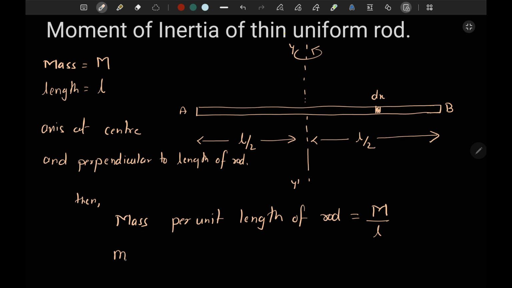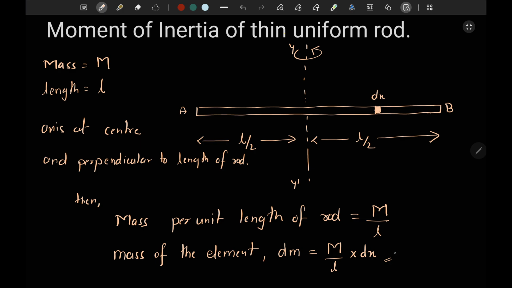Now the mass of the element that we have considered will be dm is equal to m by L into dx.